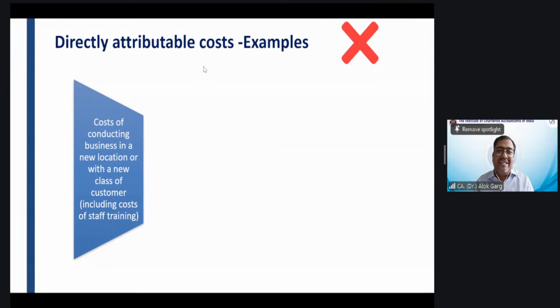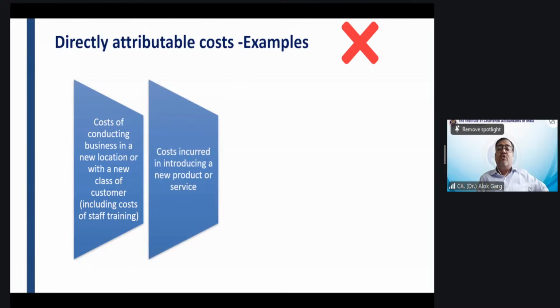So whether this Chinese language training will be capitalized as a cost of the plant in China, क्या मैं कॉस्ट ऑफ फैक्ट्री में ऐड कर दूं इस चाइनीज लैंग्वेज की ट्रेनिंग कॉस्ट को? करूं या ना करूं? It will not be capitalized. So cost of conducting a business in a new location or with a new class of customer, like the example of staff training, is not going to be capitalized as the cost of the asset, cost of PP.